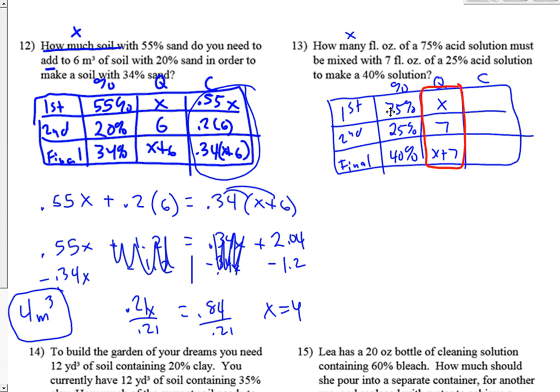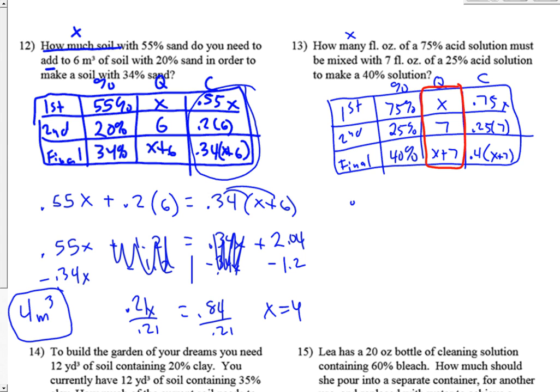Our concentration is going to be 0.75x for the first part. The second part is 0.25 times 7. And then 40%, 0.4 times x plus 7.